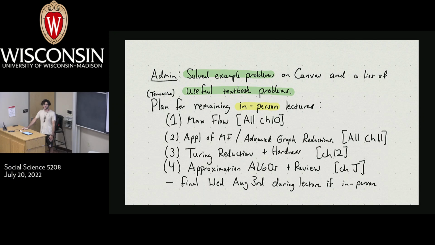On to lecture 9. So here's a tentative list of what we're going to cover in the last parts of the course. The first thing I want to point out is I added more solved example problems on Canvas. Before, there was that PDF of solved problems that had, I don't know, like 4 problems in there.